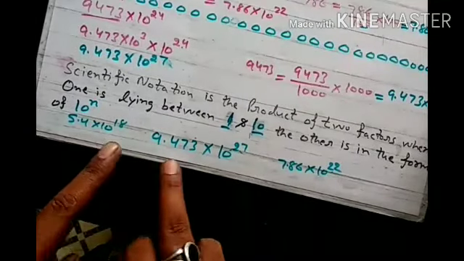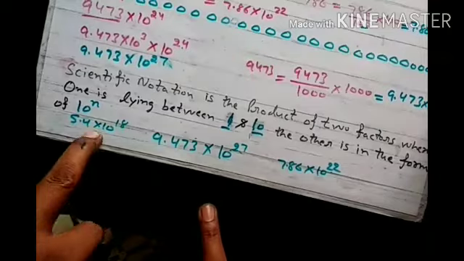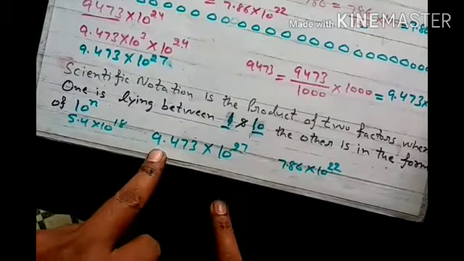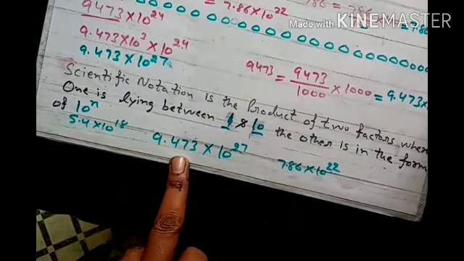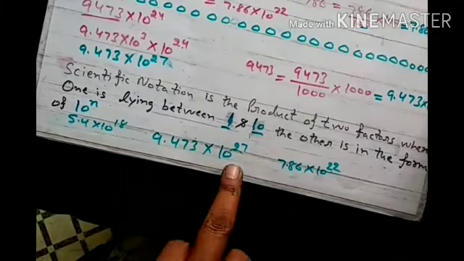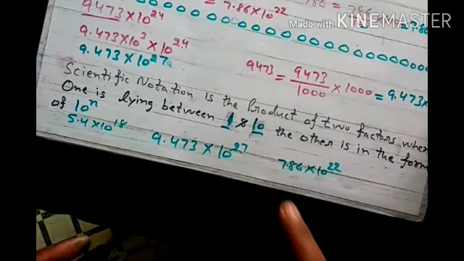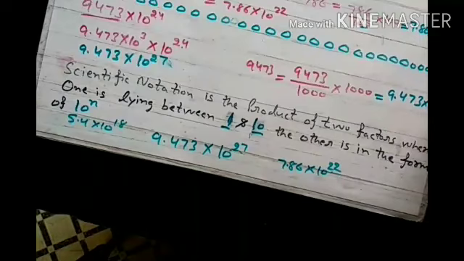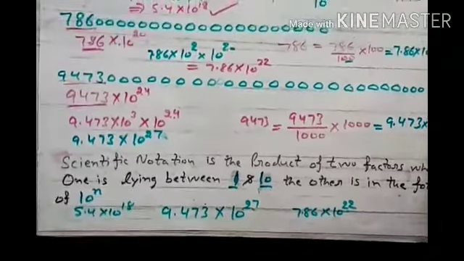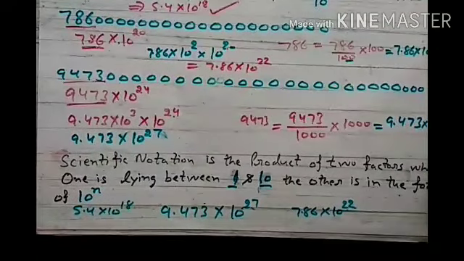So this satisfies the definition of the scientific notation. Here 9.473 is less than 10 and this is 10 to 27. Similarly 7.86 is also less than 10, greater than 1, and this is 10 to 20. So this completes our definition of the standard form and the scientific notation.